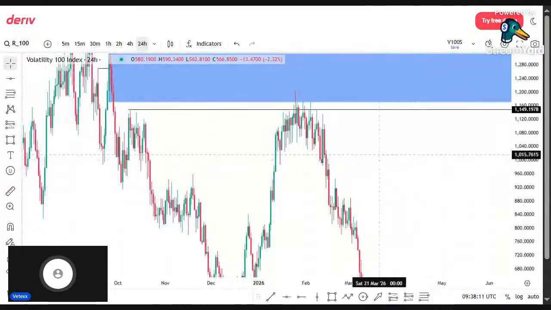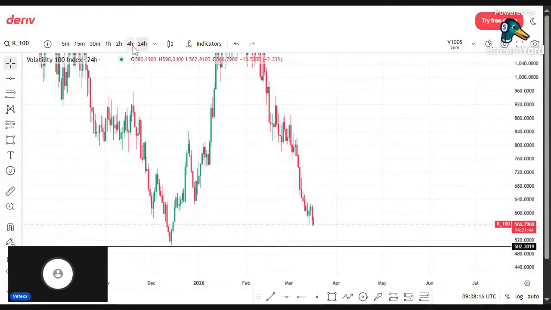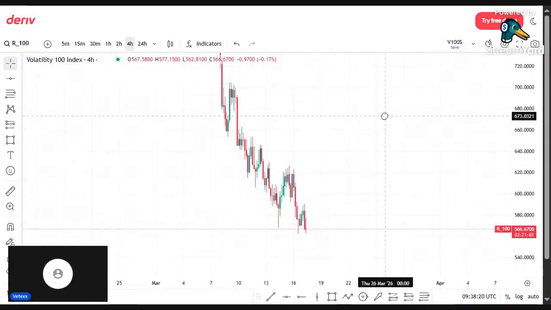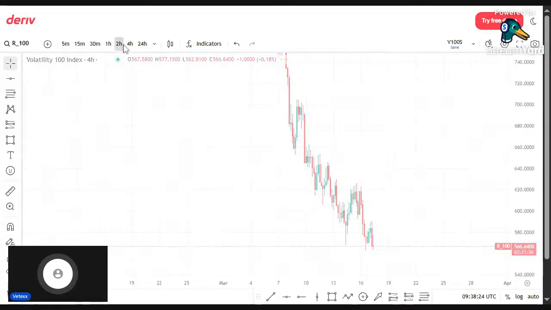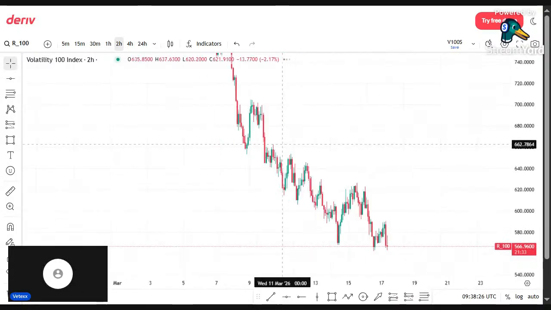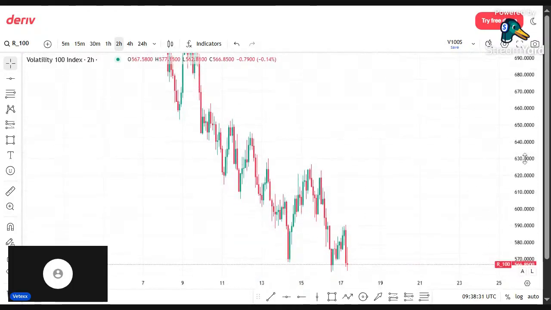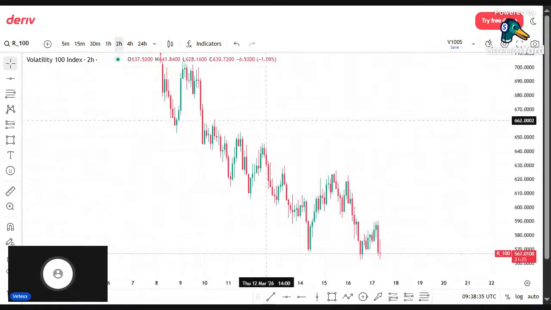So now what do we have next? Price has started selling from here, so look out for more continuation setup. So on the 4-hour time frame, do we have a sell setup? We don't have a sell setup on the 4-hour time frame. On the 2-hour time frame, do you have a sell setup? Yes, we have a sell setup on the 2-hour time frame here.